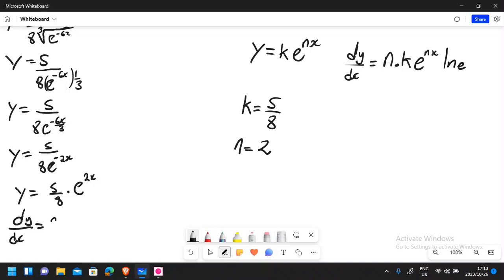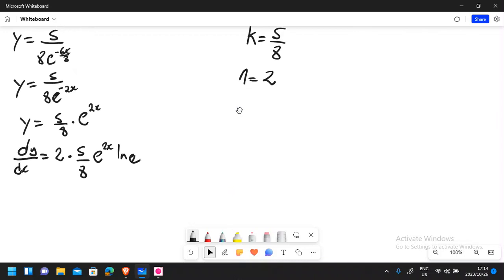Our n is going to be 2, and then multiply by, let's just use a dot to multiply, our k. So our k is going to be 5 over 8, and then we have e to the power of 2x. Then we're going to have natural log e. All right, so this is what we have.